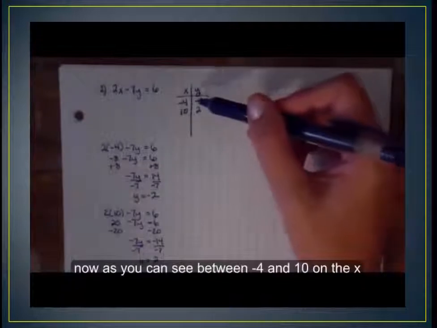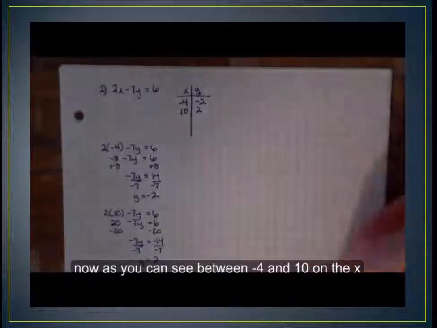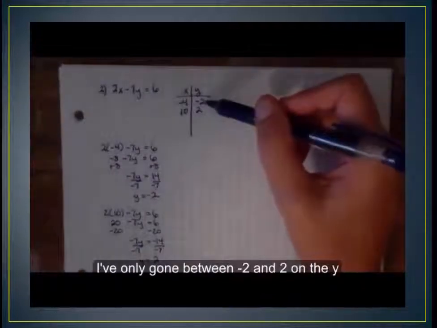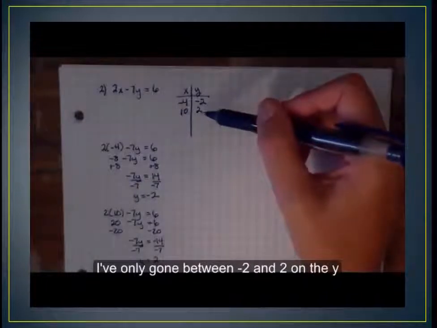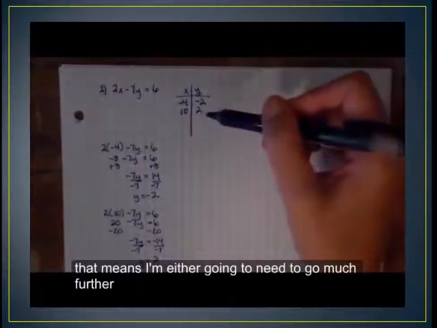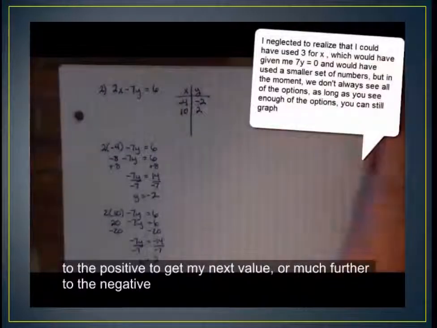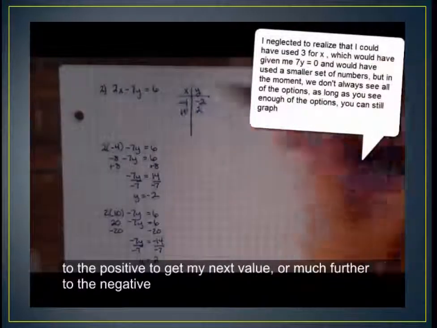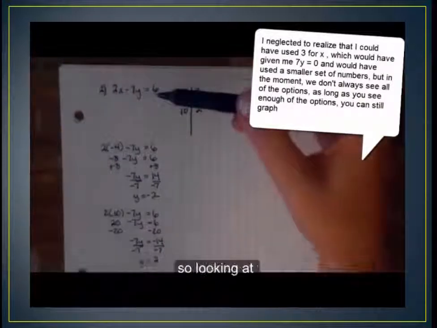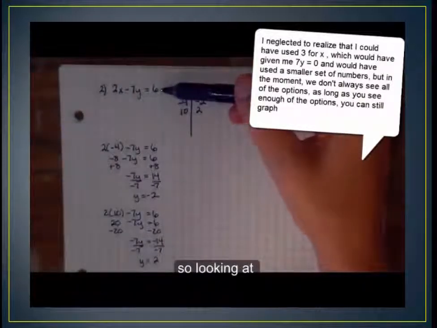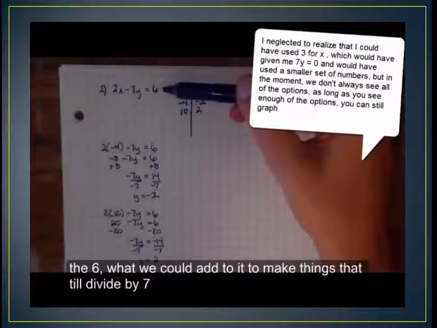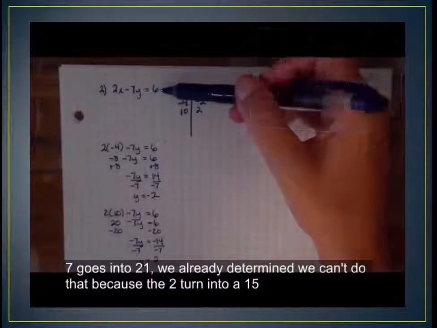Now, as you can see, between negative 4 and 10 on the x, I've only gone between negative 2 and 2 on the y. That means I'm either going to need to go much further to the positive to get my next value, or much further to the negative. So looking at the 6, what we could add to it to make things that'll divide by 7. 7 goes into 21.